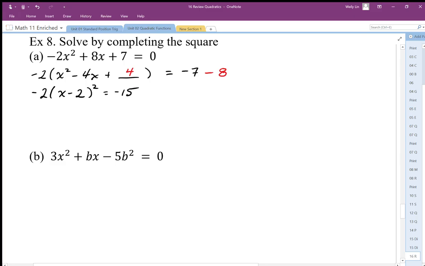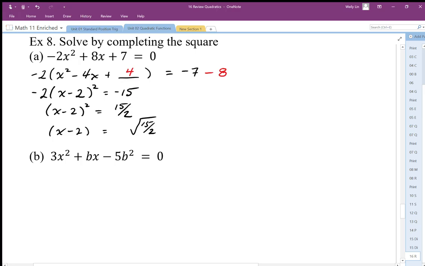Now I can just solve this algebraically because I can undo the times, I can undo the square, I can undo the minus. So first I'm going to divide both sides by negative 2. So I get positive 15 over 2. I'm going to undo the square with the square root.